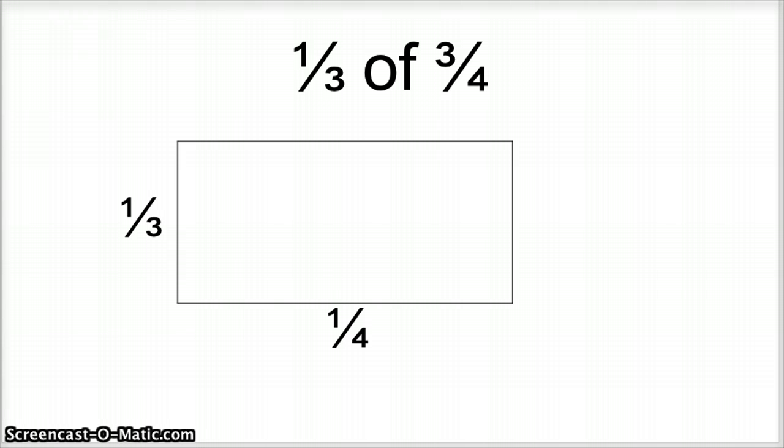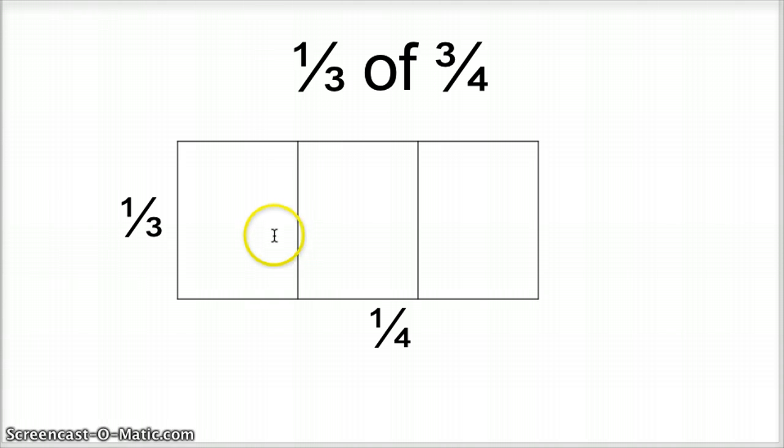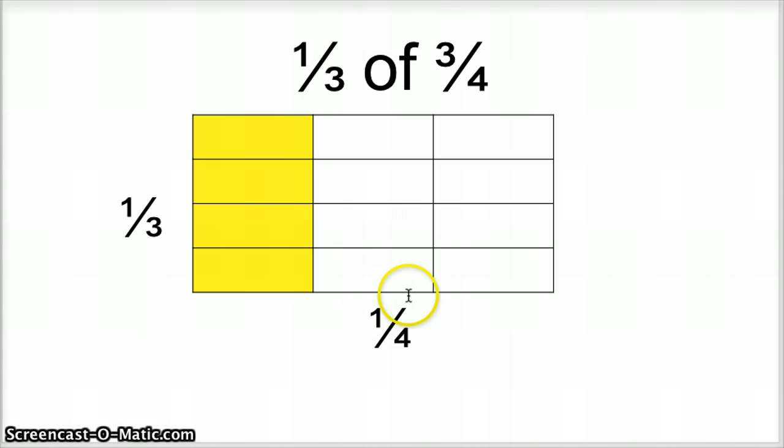Okay, again, you're going to start off with drawing a rectangle, and then I have 1/3 on this side, so I'm going to split it into thirds going across, and then I'm going to shade in one of those thirds, because 1 is my numerator. Then I have fourths, so I need to split it into fourths going up.